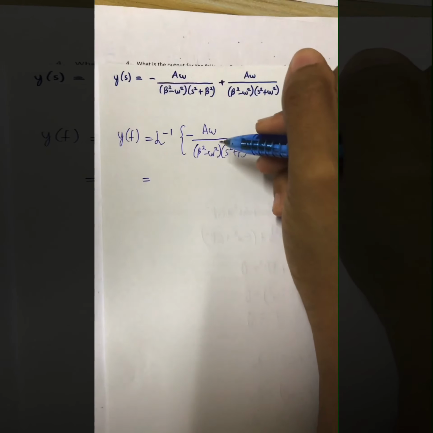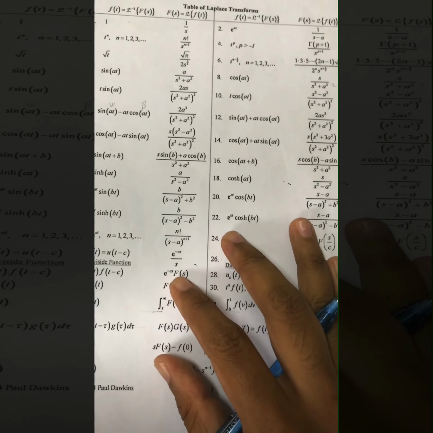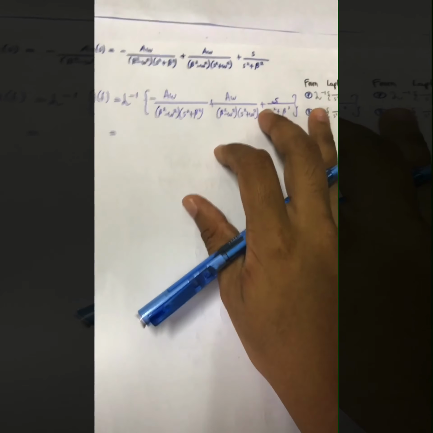Before we extract out, we try to look through the Laplace transform table and see which form we can use, and then we try to modify our Y of s to become like that, so we can find the inverse easily.